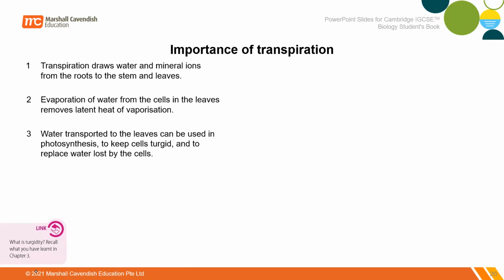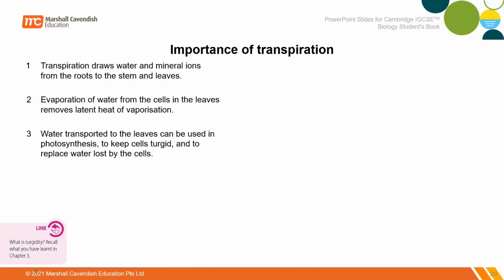Transpiration draws water and mineral ions from the root. Without the concentration gradient or the concentration difference, we cannot absorb more water at all, because we are absorbing more water if there is a concentration gradient. Evaporation, we cannot cool the plant if we cannot release or lose more water.